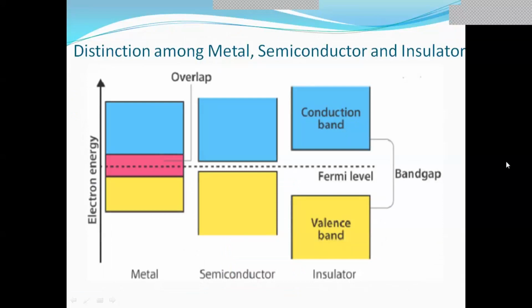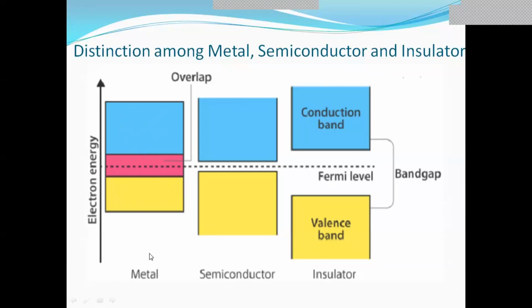Already we have seen there are three important classifications of solids based on their electrical conductivities. They are metals, semiconductors, and insulators. In this picture on the left hand side, leftmost portion, you can see a metal. In this metal, the yellow colored region shows valence band and the blue colored region shows conduction band.